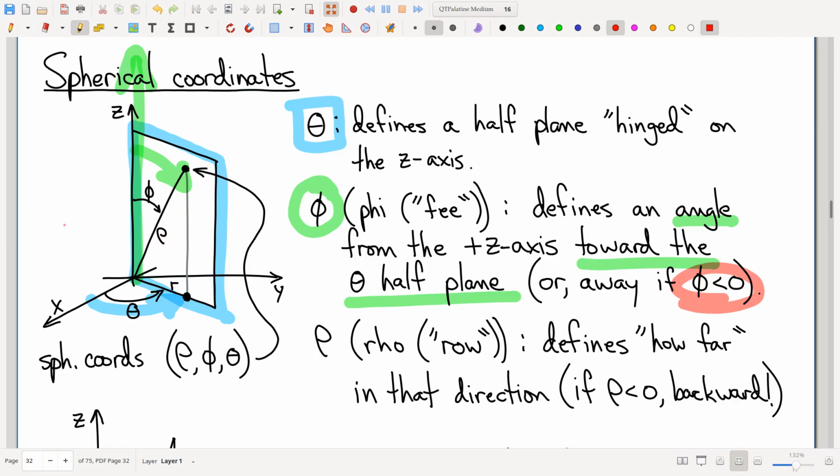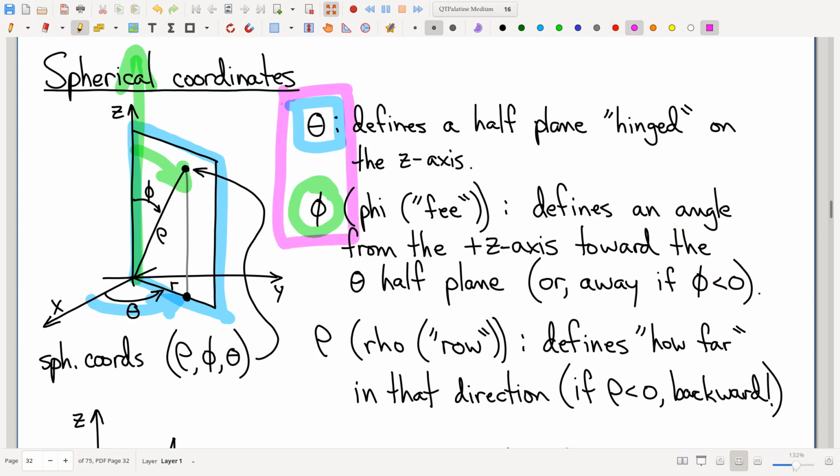All right. Now notice then that between the 2 of them, with theta chosen and then phi subsequently chosen based on theta, that defines a direction. And once you have a direction, then we can play the usual game with a, how far.